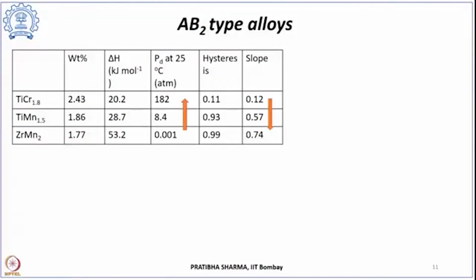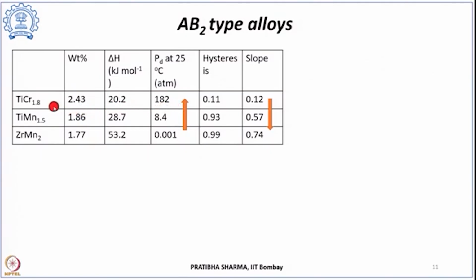Now, if we see certain examples of this type of material, titanium chromium 1.8, and if chromium is on the B site, with Mn, or on the A site if it is zirconium. So, we can see that if it is titanium chromium 1.8, the weight percent which could be achieved is 2.43 weight percent. This is reasonably good.